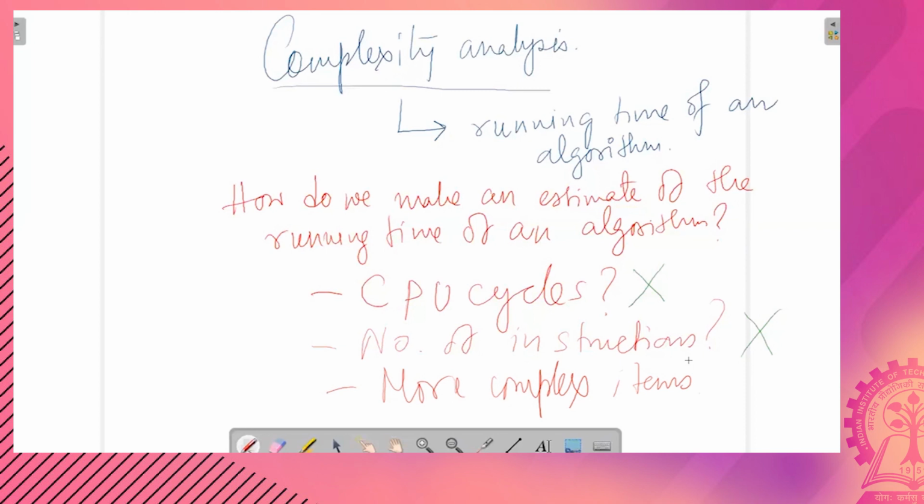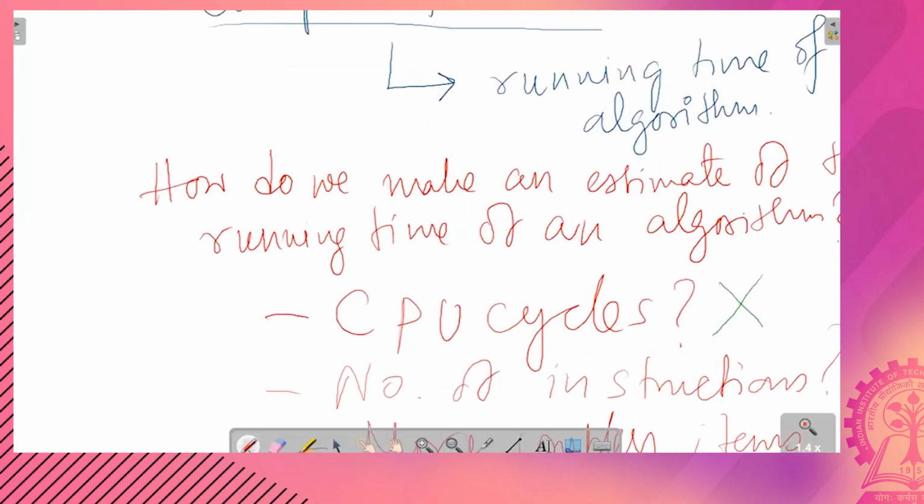So the issue here is something that we need to understand more carefully. What we need is a standard technique to estimate the running time.